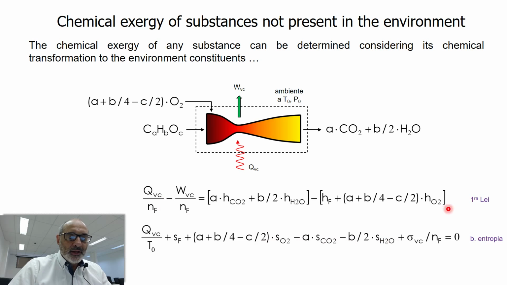And the same can be done. This is the first law, and this is an entropy inventory, or the same exergy inventory. So I get this expression here. It's exactly the same: entropy associated with this heat flow here, fuel's entropy, O2 entropy, and so on.